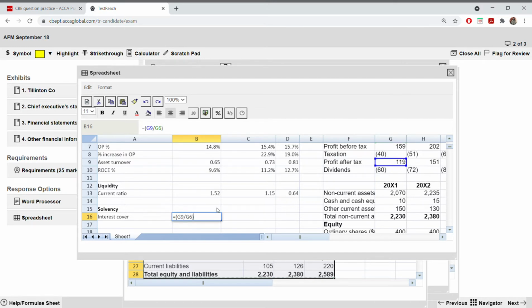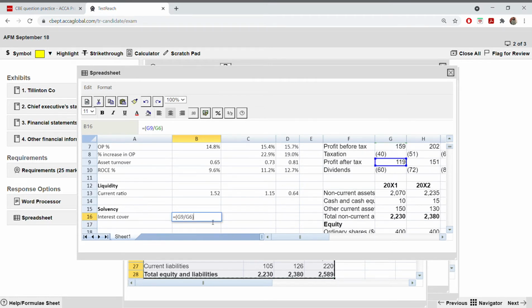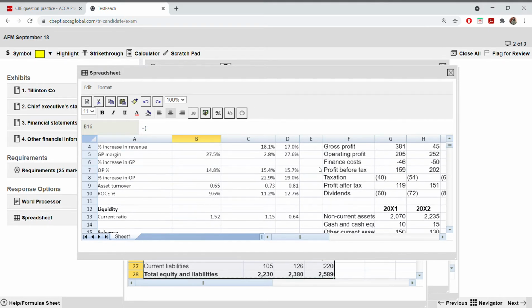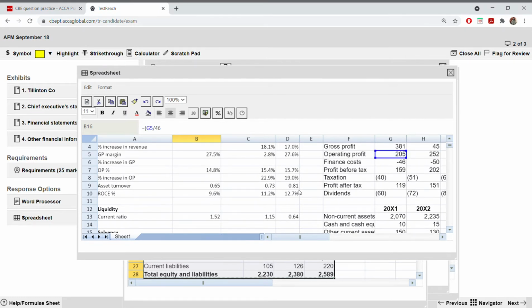Even though your finance cost, your interest, is in negative, your interest cover should be positive. Or what you could do is, it would be 205 divided by, just write the tax, 46 is your finance cost.